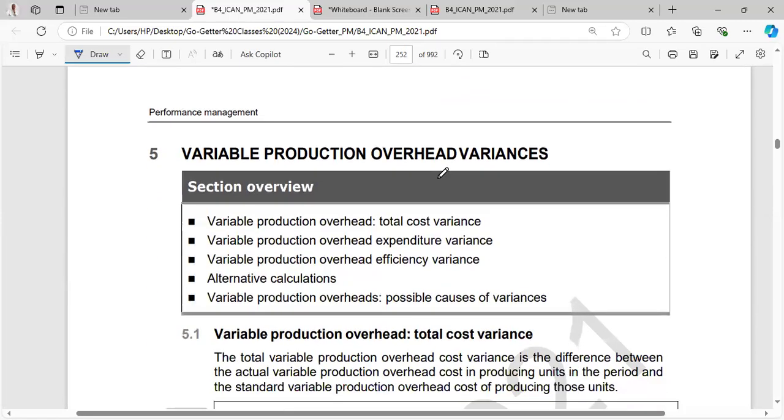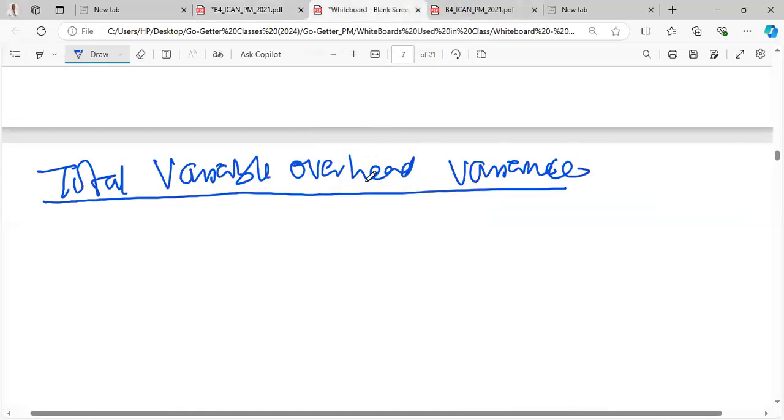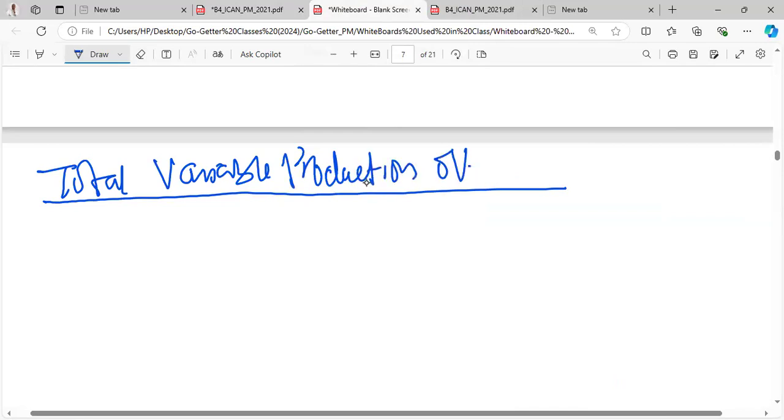Now let's look at production overhead, variable overhead. I'll put variable production overhead variance.